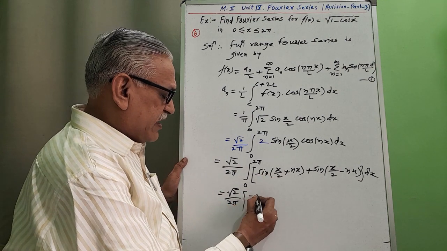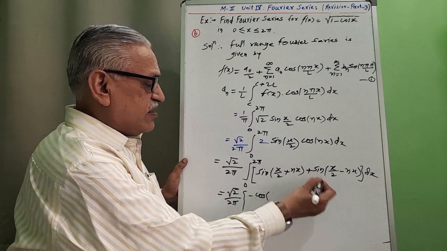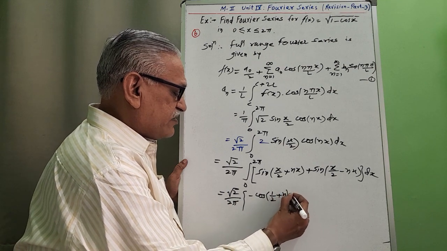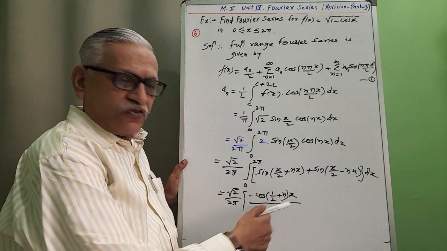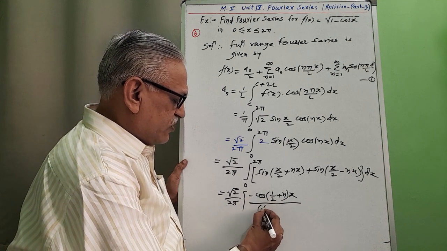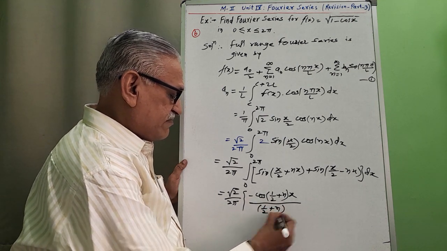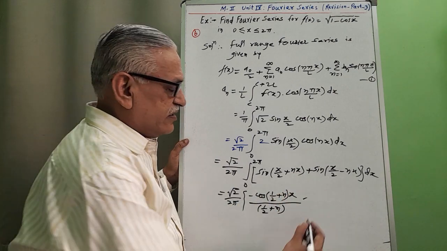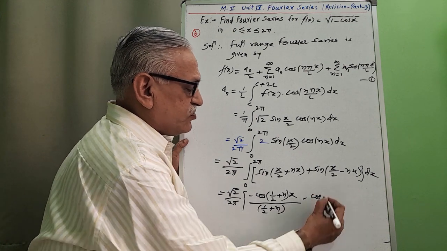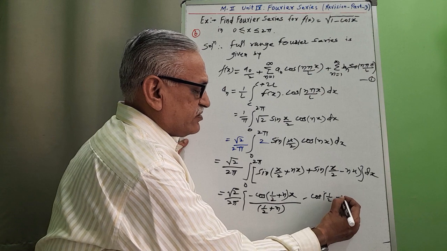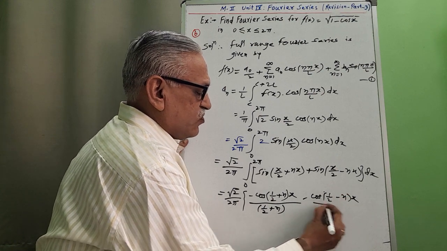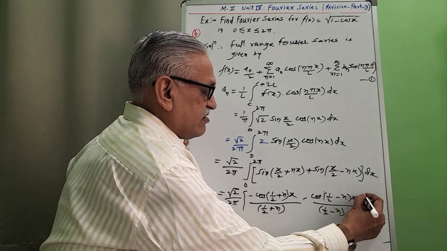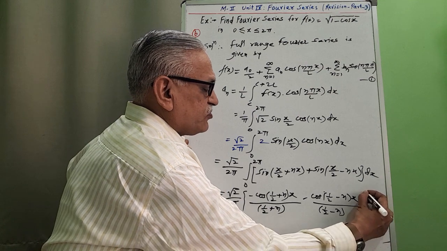Integration of sine is minus cos of, we can take x common, therefore it is 1 by 2 plus n times x divided by the coefficient of this term, 1 by 2 plus n, then minus, integration of this sine is again minus cos of 1 by 2 minus n times x whole divided by 1 by 2 minus n, and limits from 0 to 2 pi.